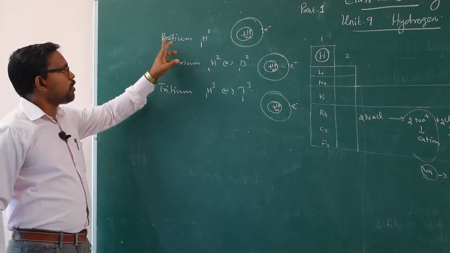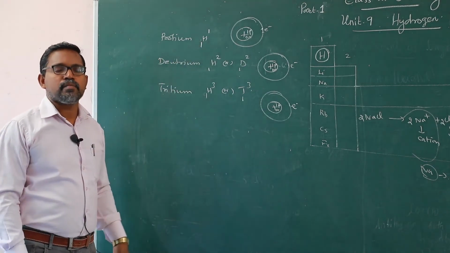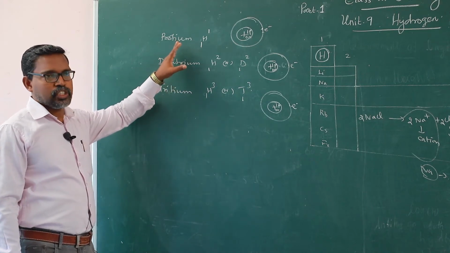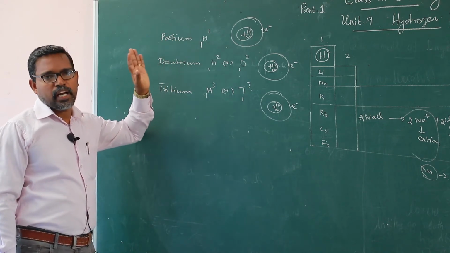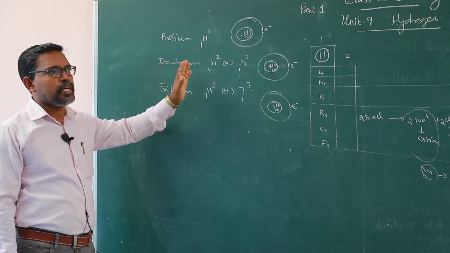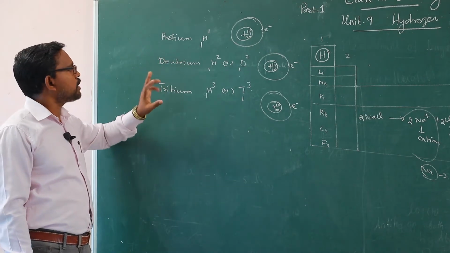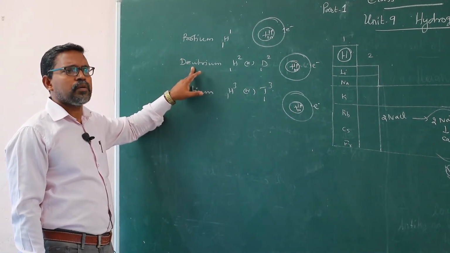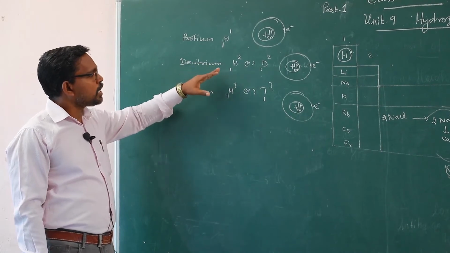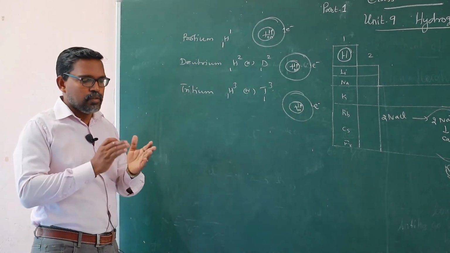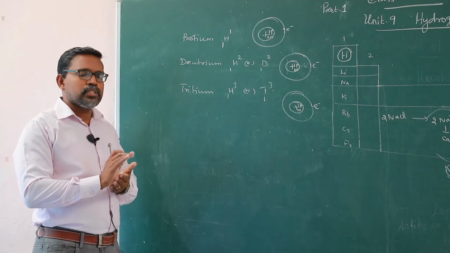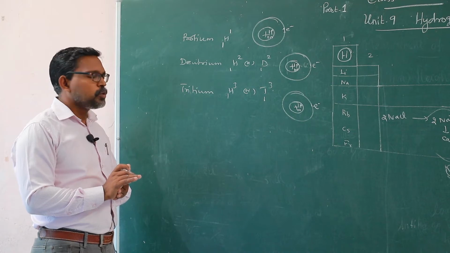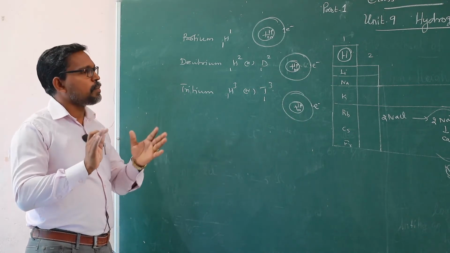Protium is the normal form of hydrogen. 99.95% of the total abundance of hydrogen exists as normal hydrogen, the most abundant among the isotopes of hydrogen. Deuterium exists in a very rare quantity, a very low content of deuterium is present in normal hydrogen.